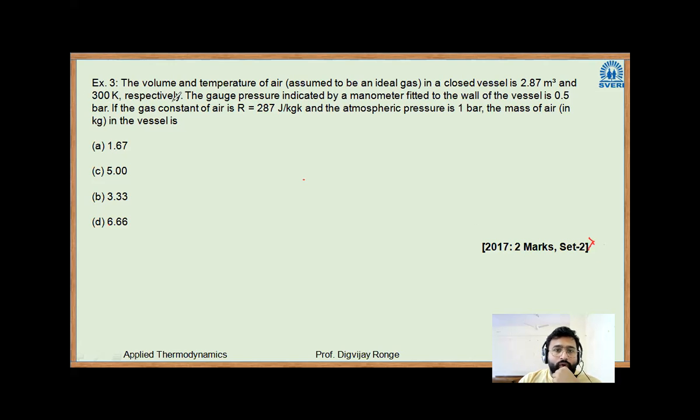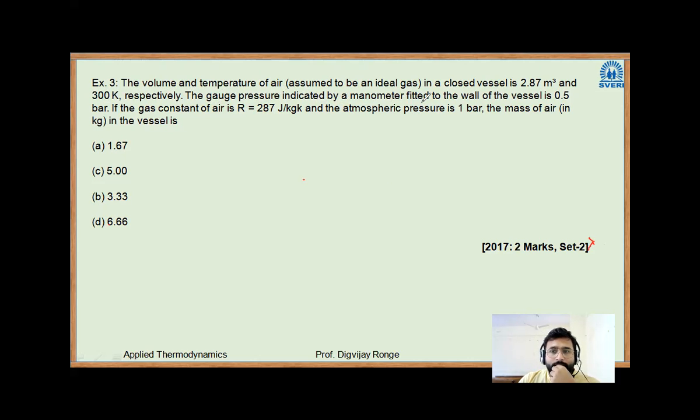So example 1.3: the volume and temperature of air, assumed to be an ideal gas, in a closed vessel is 2.87 meter cube and 300 Kelvin respectively. The gauge pressure indicated by a manometer fitted to the wall of the vessel is 0.5 bar. If the gas constant is 287 for air and atmospheric pressure is 1 bar, the mass of air in the vessel is. Okay.